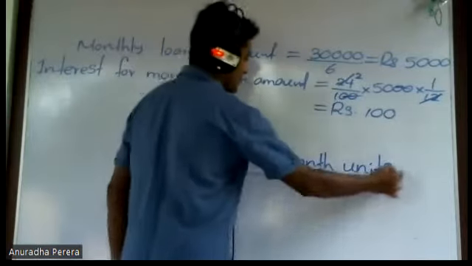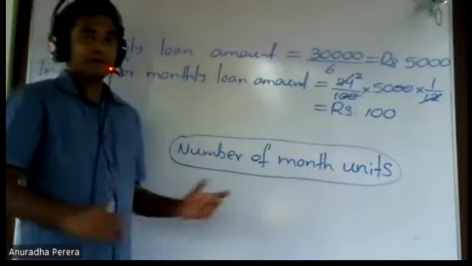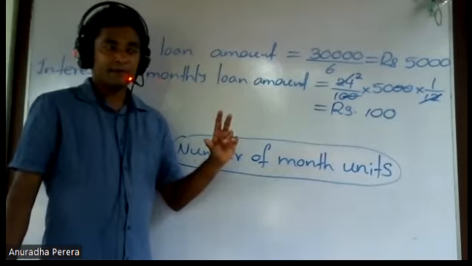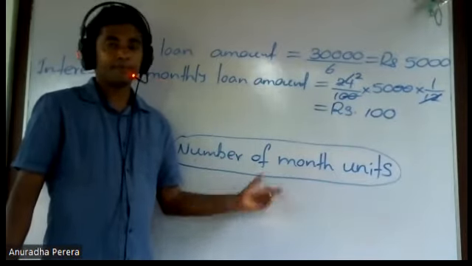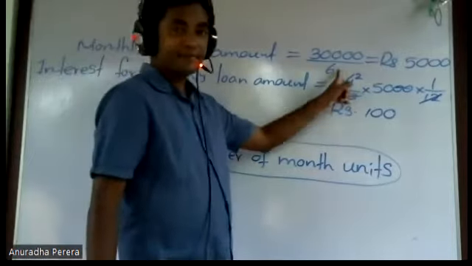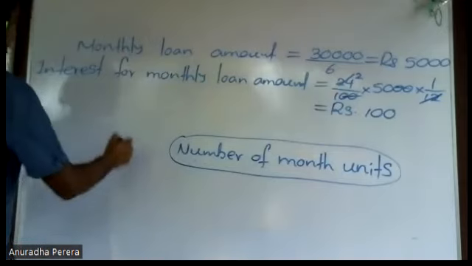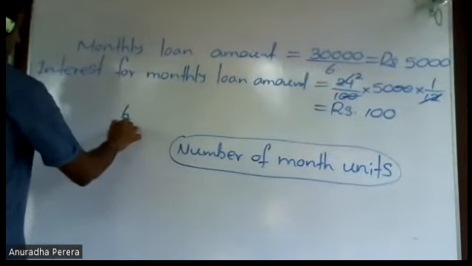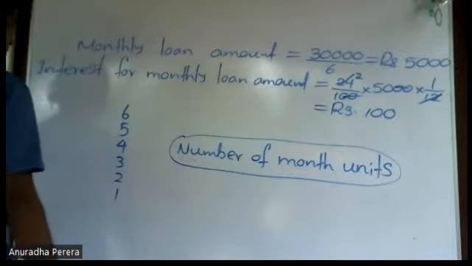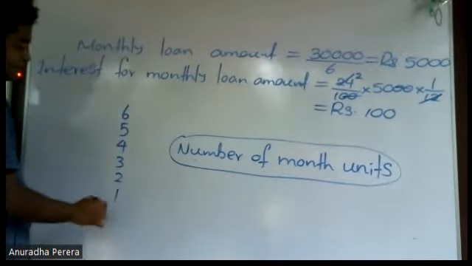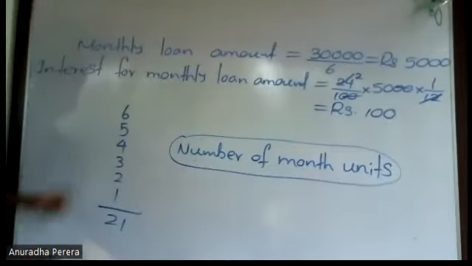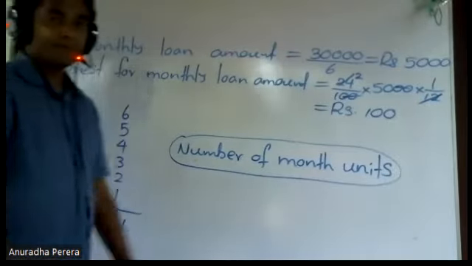In this example, there are 6 installments. To find the number of month units, we have to add starting from 6 up to 1. The total is 21.